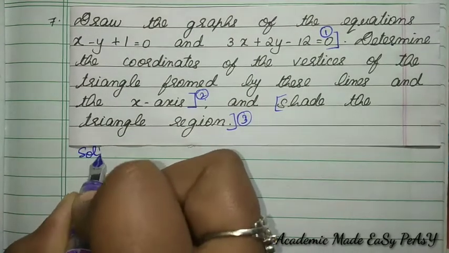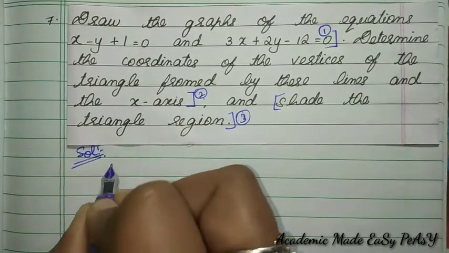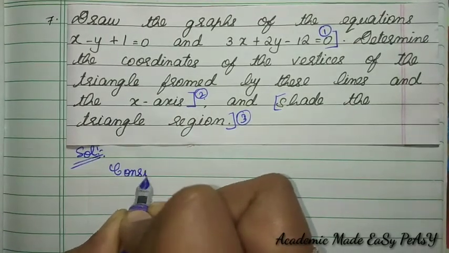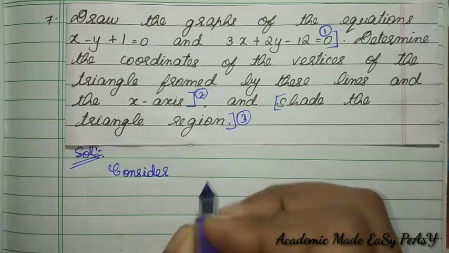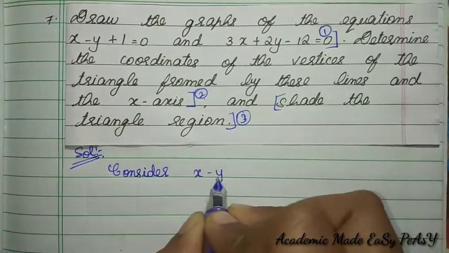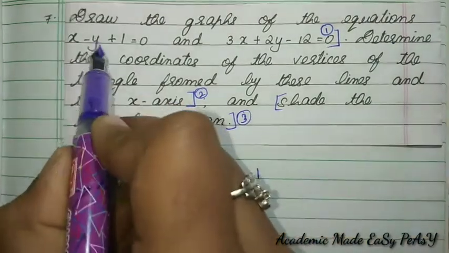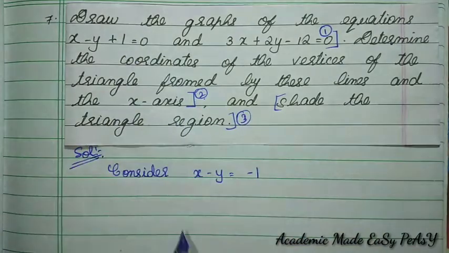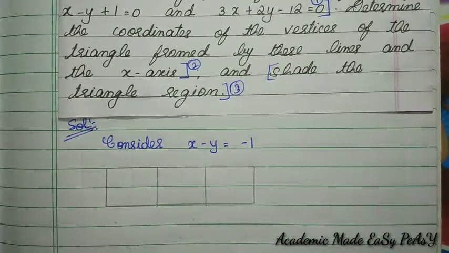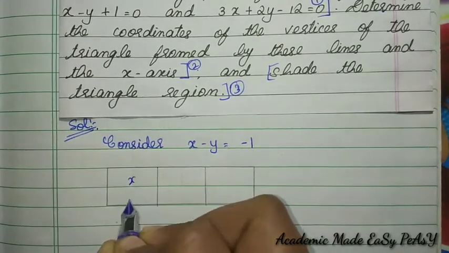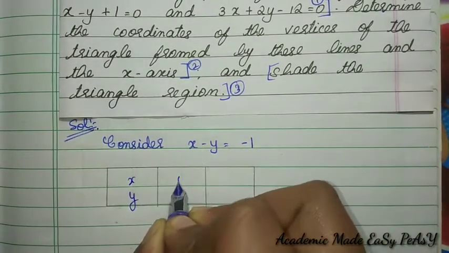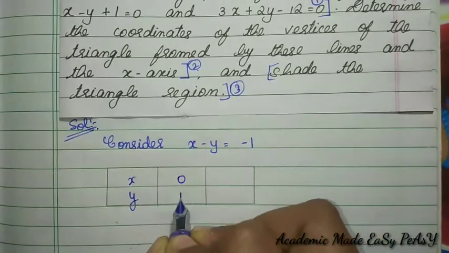Solution. Here we need not form any equations and all. So just consider this equation 1, that is x minus y is equal to minus 1. Okay, so I'm just taking this side. So now let me draw the solution table. So my x and y, if I have my x as 0, y will be 1.